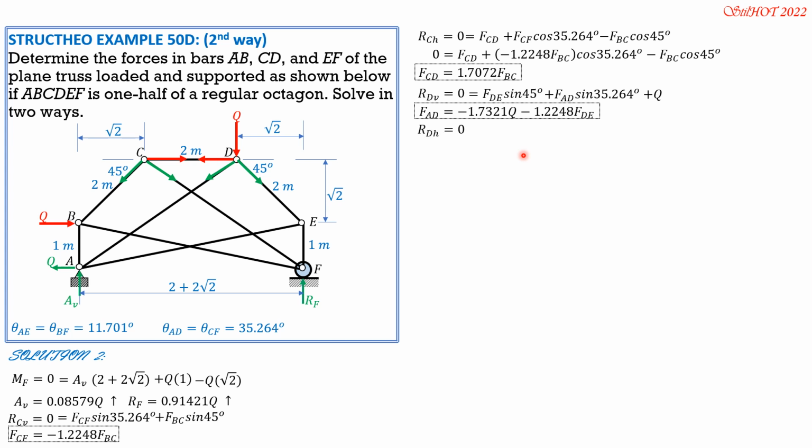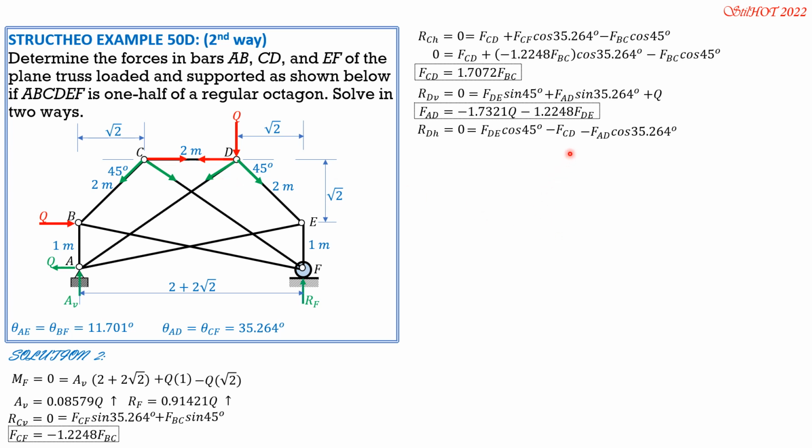Next, the sum of horizontal forces at D equals 0. So 0 equals FDE cosine 45 minus FCD, then minus FAD cosine 35.264 degrees.